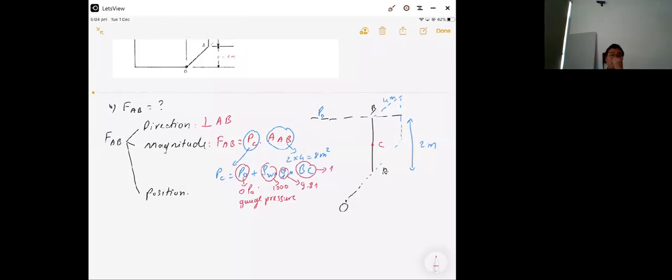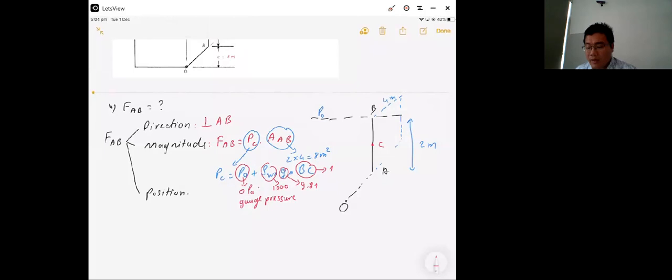So you can find pressure C, rho g s, from the pressure variation equation. BC is the distance between B and C.